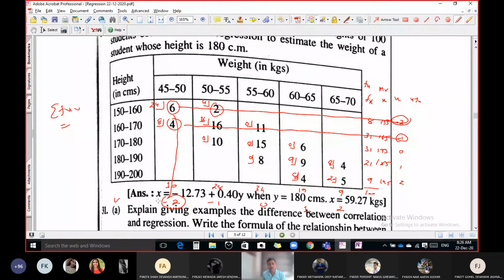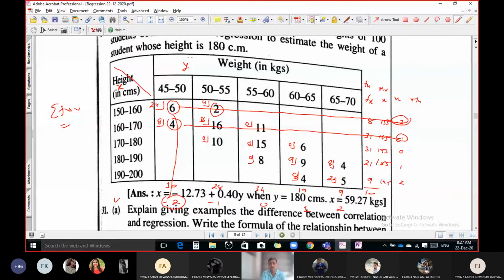This is the regression line of... See, listen carefully. Maybe you are right. Now tell me which one is your x and which one is your y. X is height, and this is y.